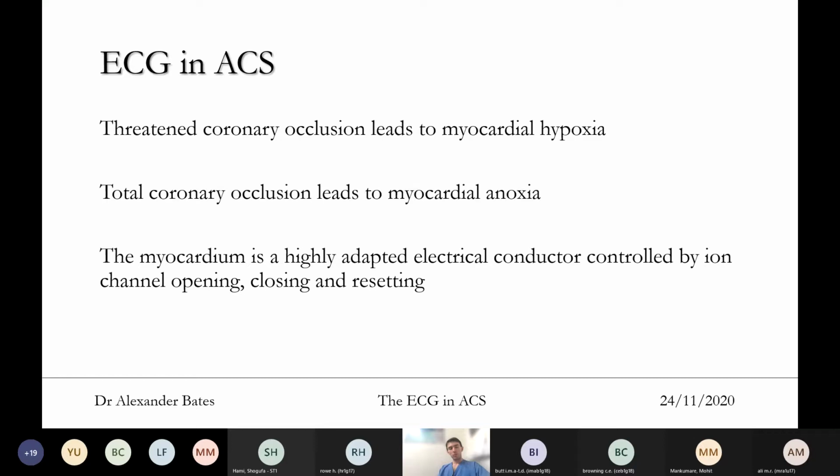But if you have hypoxia or anoxia to an area of the heart, that is going to affect the active functioning of these ion channels, and they will become dysfunctional, and therefore the depolarization and repolarization of that part of the myocardium is going to change. Because of that, we can detect this on an ECG from the moment we have a deficit in oxygen or nutrients to that part of the myocardium.